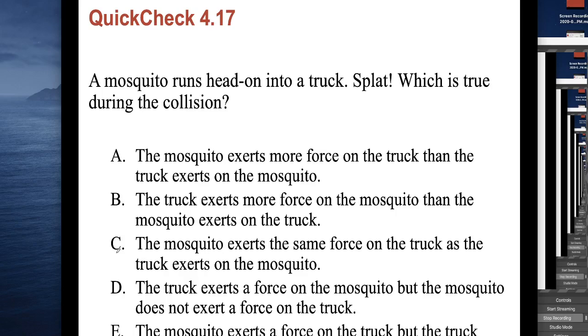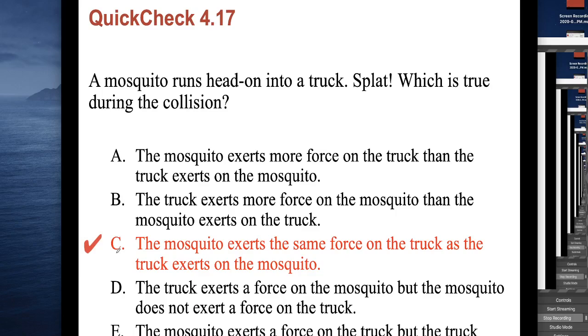So when a mosquito hits the truck, which force is greater? The truck gives a force on the mosquito, and the mosquito also gives back a force on the truck. Which force is greater? The answer is they are the same.